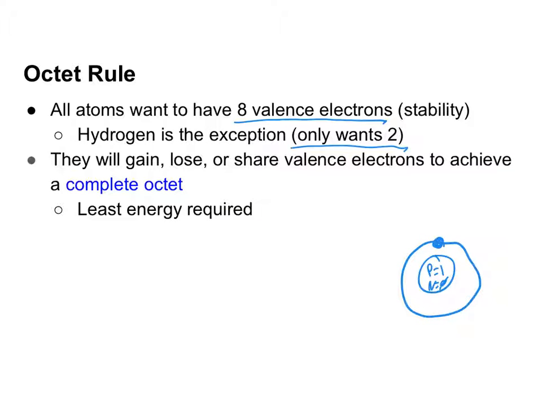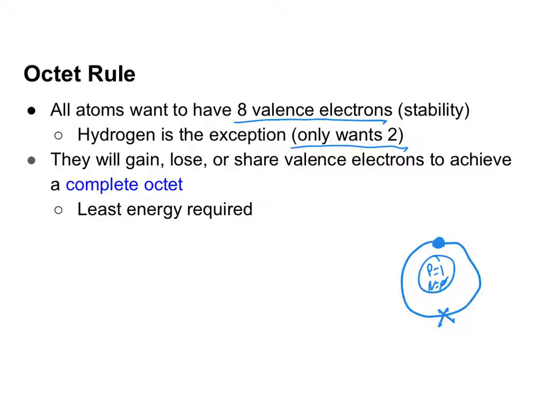Hydrogen has 1 electron, but remember, this first orbital only needs 2 electrons to be full. So in order to fill this orbital, hydrogen only needs 1 additional electron. So hydrogen really only wants to have 2 electrons. It's kind of the octet rule violator. You can think of hydrogen's rule as really the duet rule, because it only needs 2 to fill that first orbital.